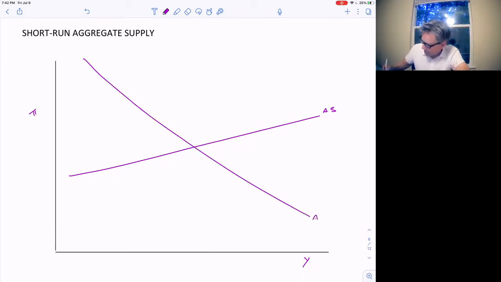We've got this downward sloping aggregate demand curve and upward sloping aggregate supply curve. Now we put them together, where they cross is the equilibrium. And we'll call that pi star and output star.